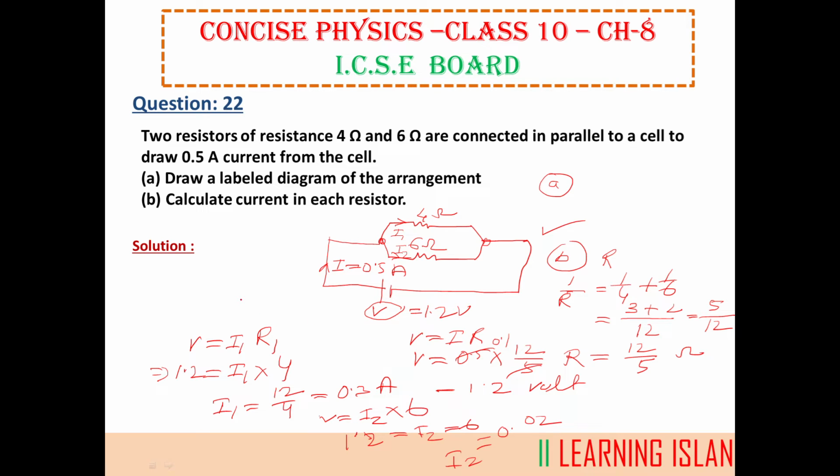So in case of question number B, the currents are: in 4 ohm resistance the current is 0.3 ampere, and in case of 6 ohm resistance the current is 0.2 ampere. So hope you understand this easily.